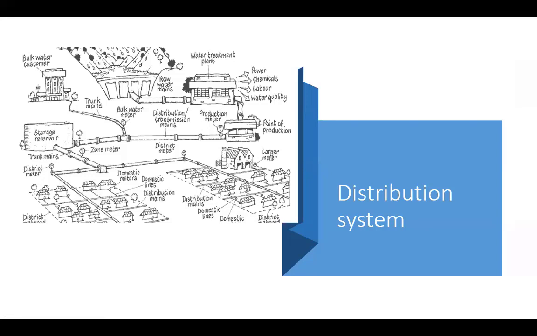So it goes all the way from our transmission mains down to the service line. Transmission mains can be on the order of 6 feet in diameter. Your service line is typically on the order of about 3/4 of an inch in diameter.